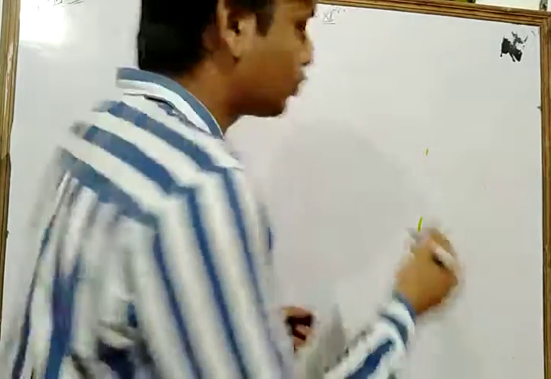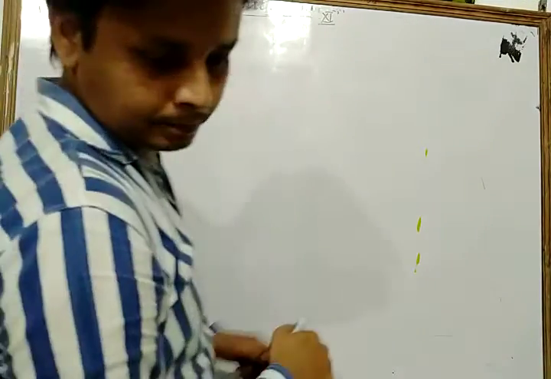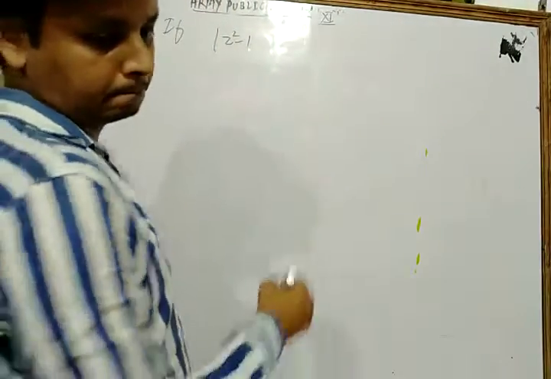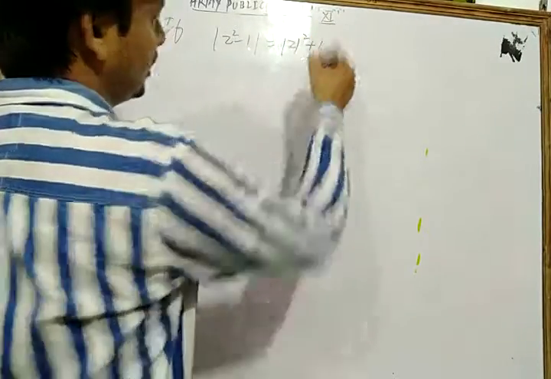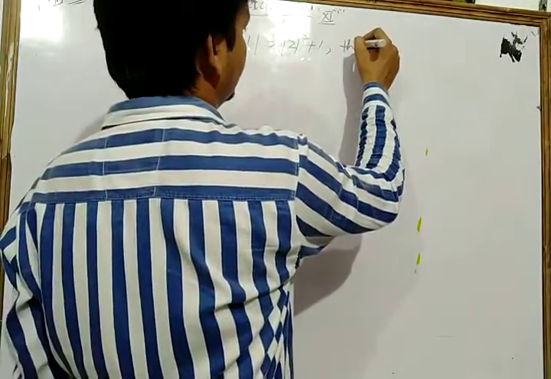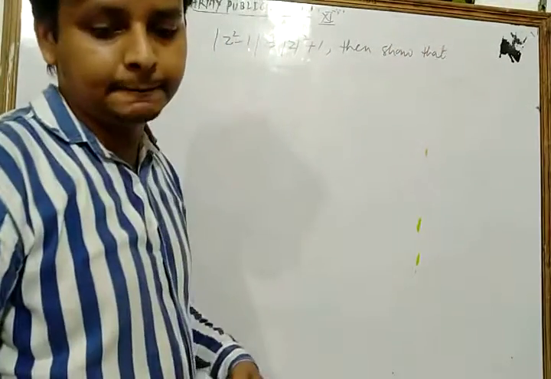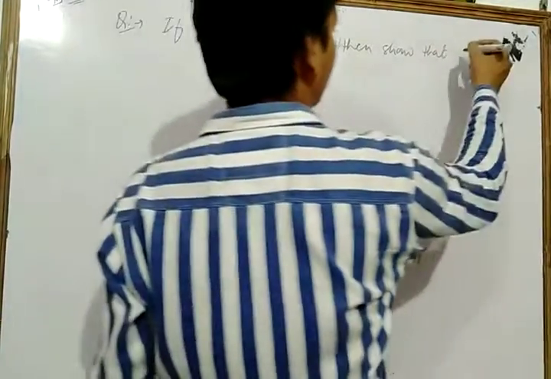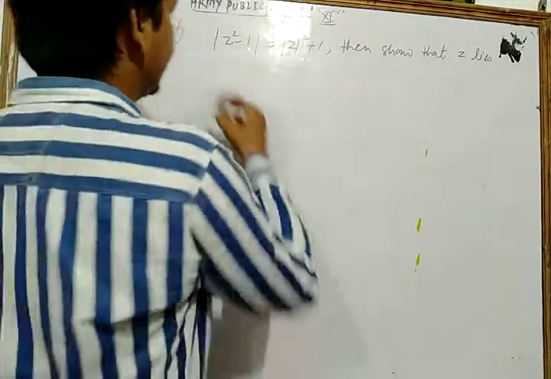If the mod of z square minus 1 is equal to the mod of z square plus 1, then show that z lies on the imaginary axis.